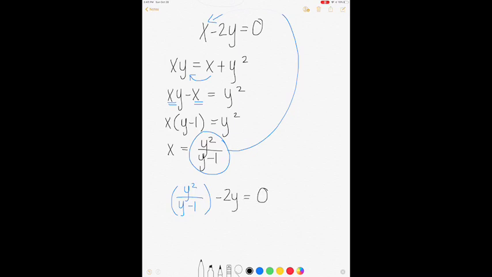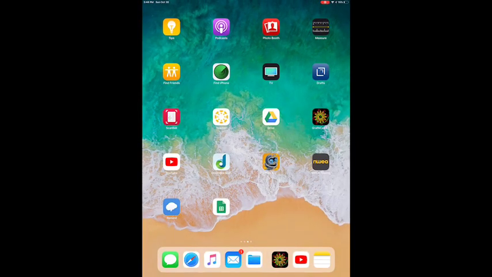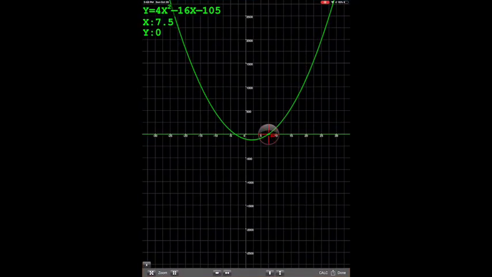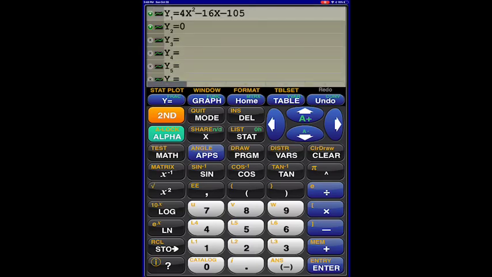Okay, since it's calculator active, I'm going to go ahead and graph this thing and find the intersection. So y squared over y minus 1, of course I have to use x's, minus 2y equals 0.